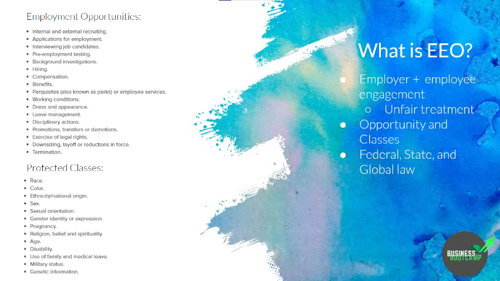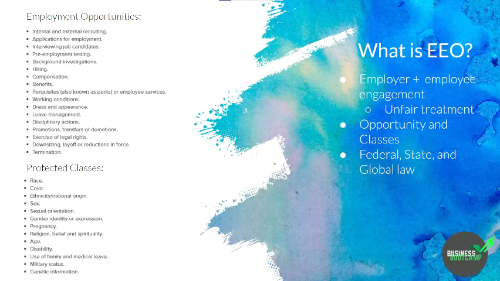So first of all, what is equal employment opportunity and what does it cover? The specifics of equal employment opportunity, or EEO, vary from one place to another, although the basic concept is that it applies whenever employers are engaging with their employees. This basically means that there are certain circumstances in which it is illegal for an employer to treat their employee differently or unfairly based on their traits.